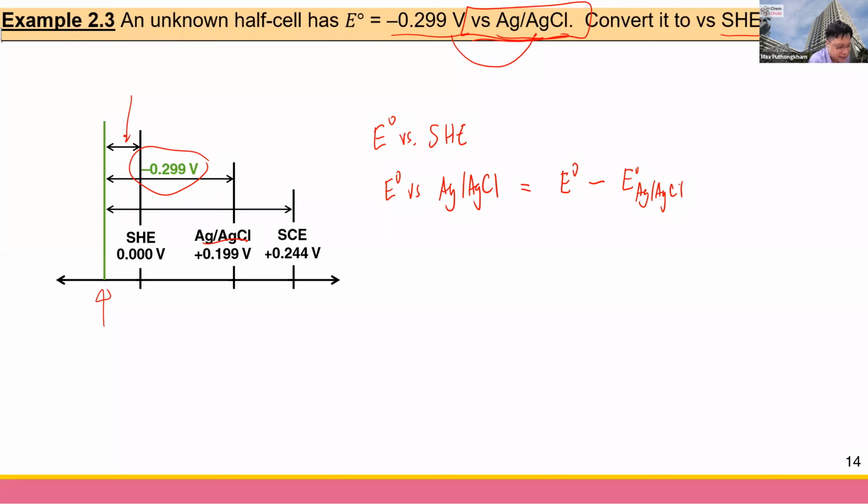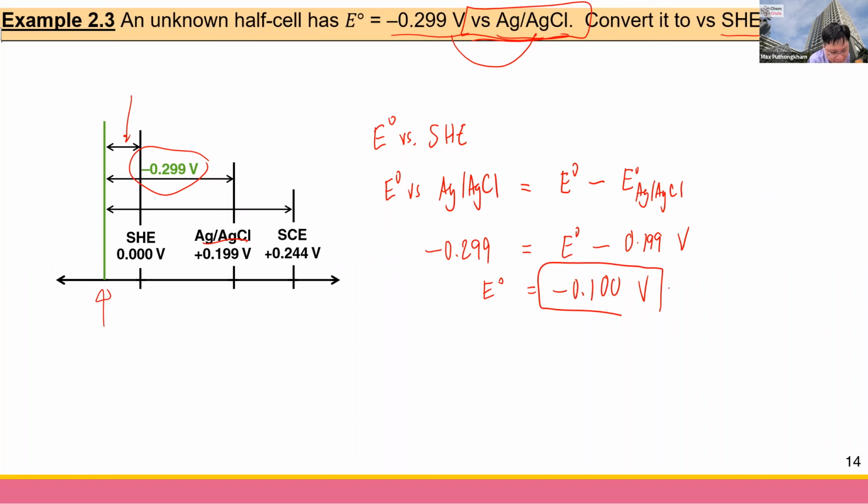You know that this number is given, minus 0.299 volt, equal to the number we don't know yet minus 0.199 volt. Do the algebra, and you get minus 0.100 volt. And this number is, of course, against the SHE. It is basically this distance against the SHE.